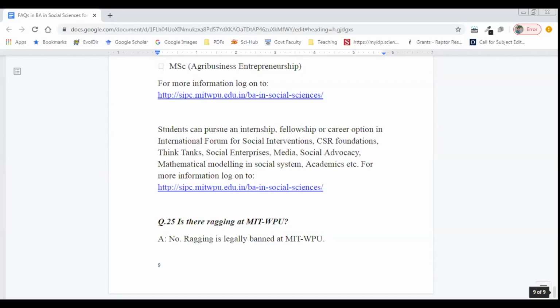And once you give that statement of purpose, you will have to also appear for the entrance exam, and that is pretty much the requirement from your end. After that, we will get back to you with the merit list, with the provisional admissions, and you will get further instructions as to how to get to the next step and secure your admission in this program. Okay, so that is a quick gist of that.